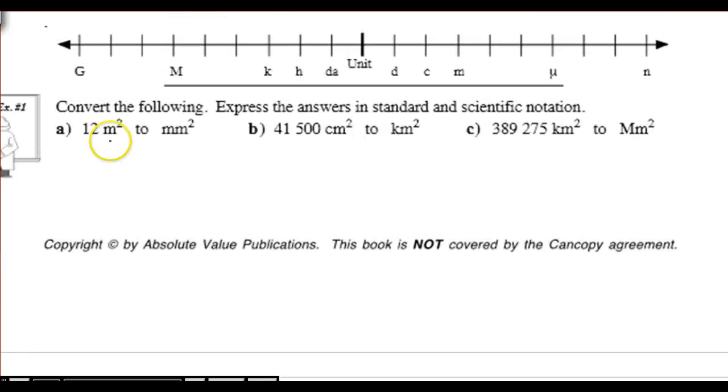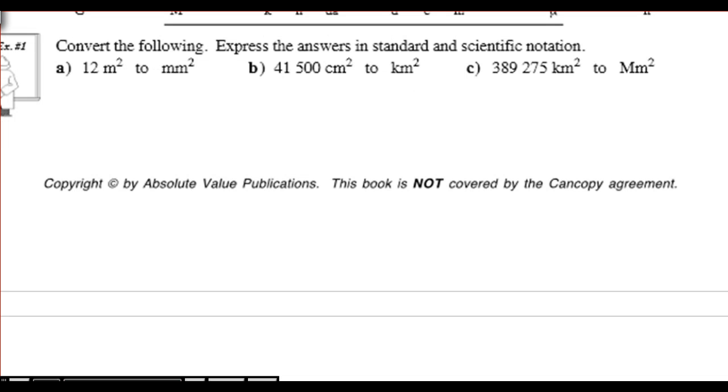We're going to convert 12 meters squared to millimeters squared. So again, we're looking at area now. It's no longer just 12 meters, it's 12 meters squared, which is a lot different than just 12 meters. For example, 12 meters would be just a linear distance, which would convert to 12,000 millimeters, since there are 1,000 millimeters in a meter.